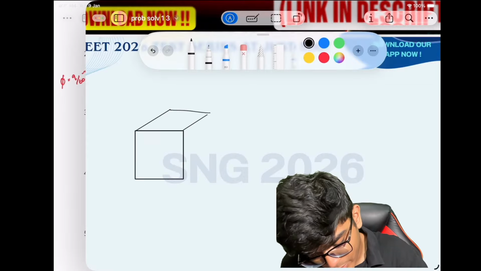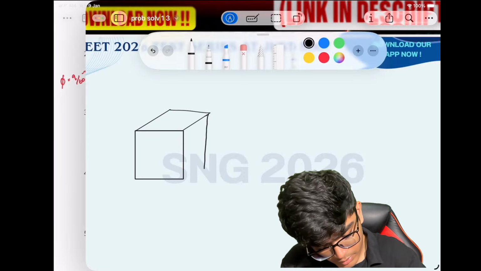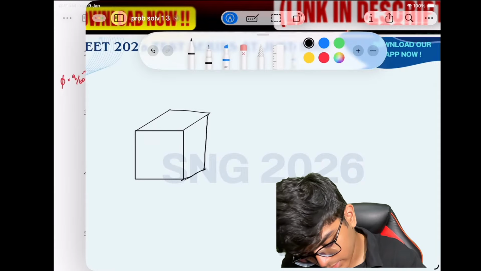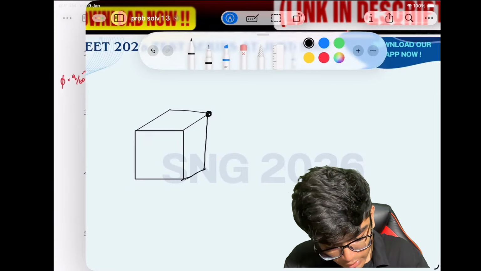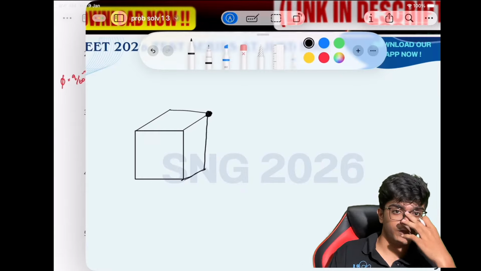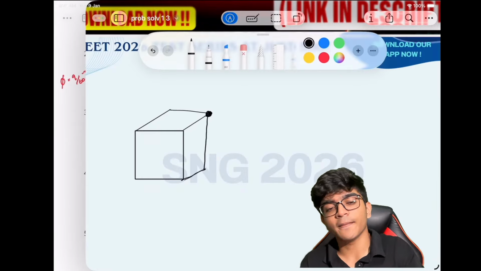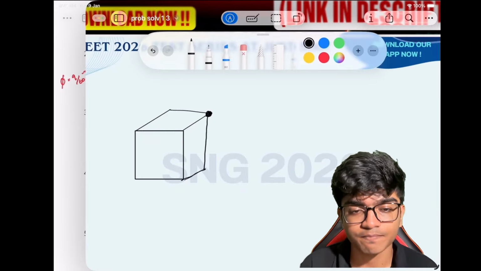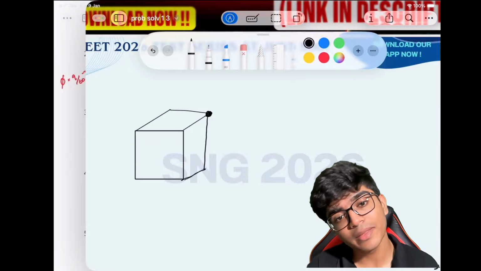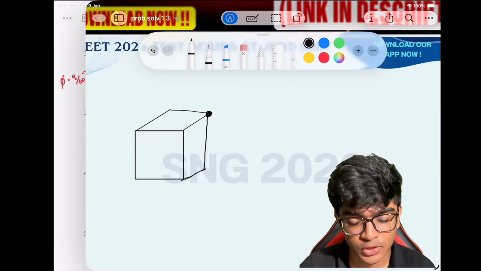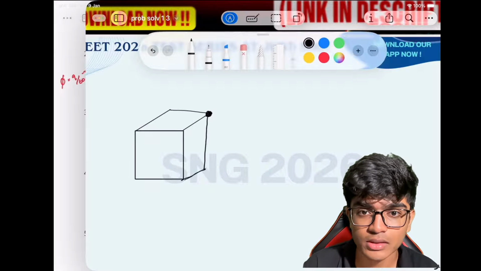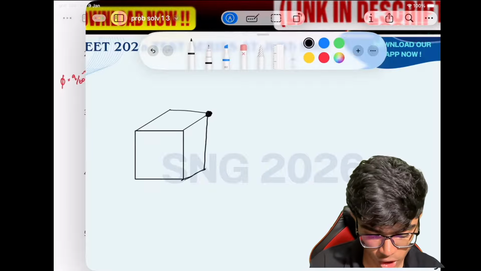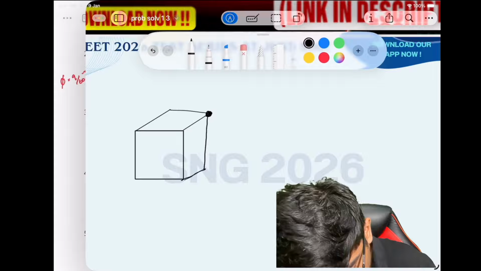Wait a minute, let me draw the cube. Okay, fine. This is a cube. The cube in the corner, say they place the charge. Okay. The charge, I should bring it to the center of a bigger structure so that I can use Gauss's law.